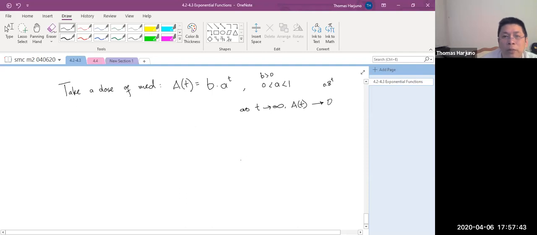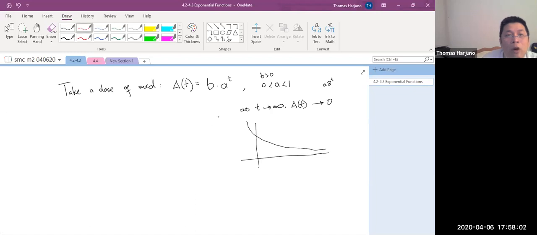Now, so here's the thing though. So we know it will be decreasing, right? We know it will be decreasing. Okay? Now, imagine how a medicine actually works in our body. If you take a medicine, let's say a painkiller, our body will react to that as long as the amount of medicine in our body is more than what?